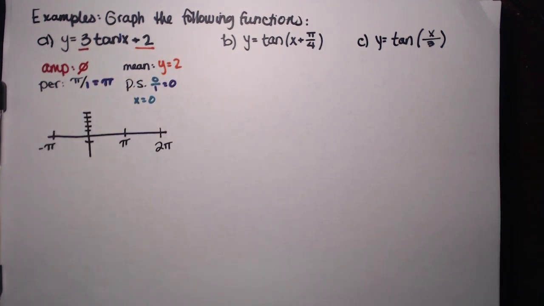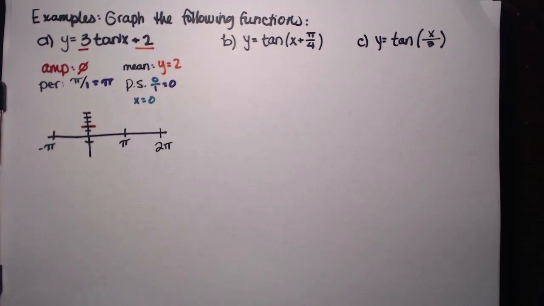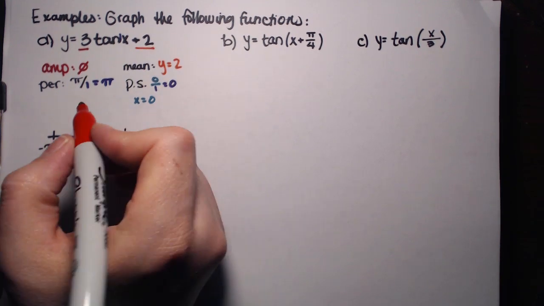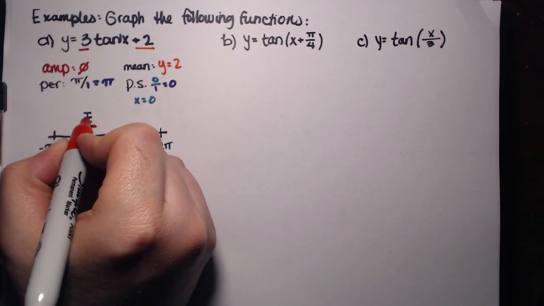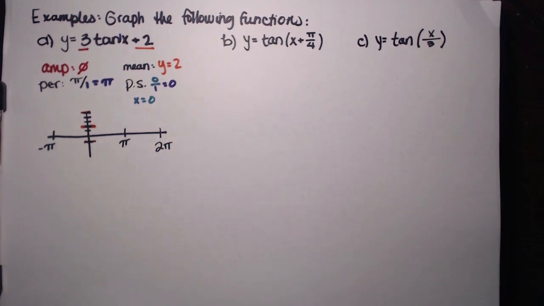Okay. This is going to be shifted up 2. So I'm going to shift this whole thing up 2. So now this is that middle line. And then I'm going to go 1, 2, 3 above that, 1, 2, 3 below that, but that is not a maximum and minimum.